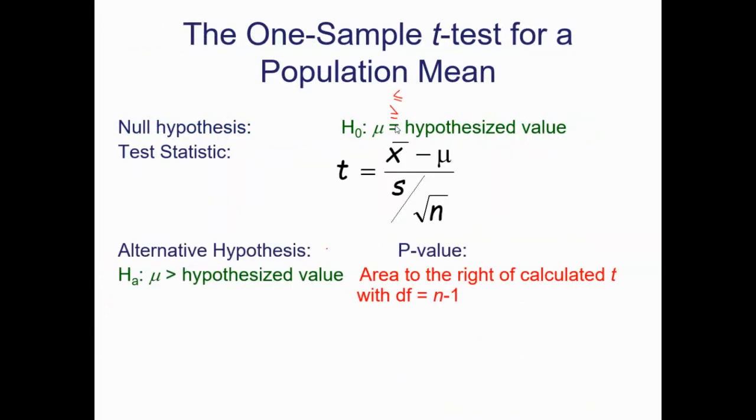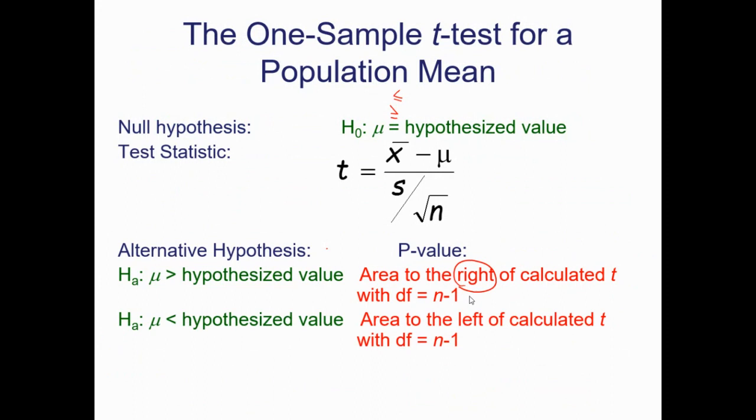Okay, so for our alternative hypotheses, we have three cases. Either mu is greater than the hypothesized value. In that case, it's a right-tailed test. We're interested in calculating the area in the right tail with our t and degrees of freedom.